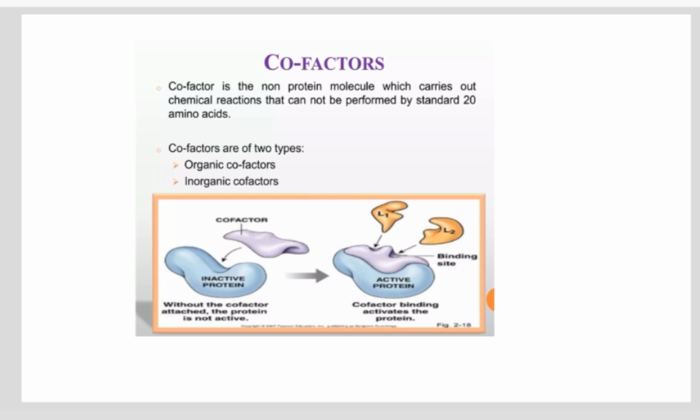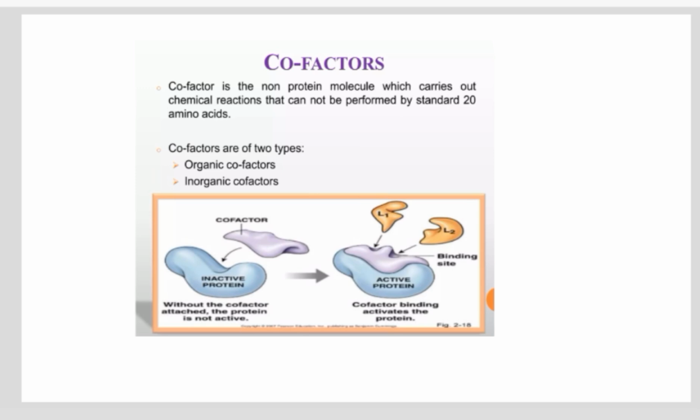Cofactors. A cofactor is a non-protein molecule which carries out chemical reactions that cannot be performed by the standard 20 amino acids. Cofactors are of two types: organic cofactors and inorganic cofactors. So what is the role of cofactors?